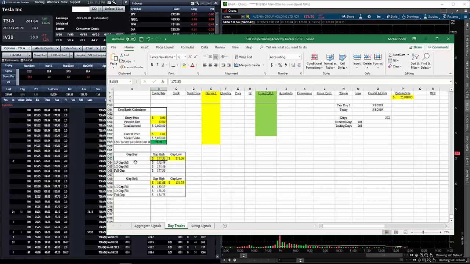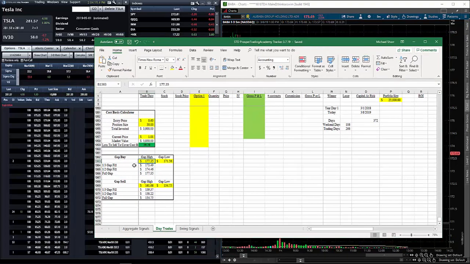In the case of a gap buy, because that's what we're doing, 177.35 was the high, 171.56 was the low, and we want to target 173.49, 174.46, 177.35. So one-third of the gap, half of the gap, full gap.